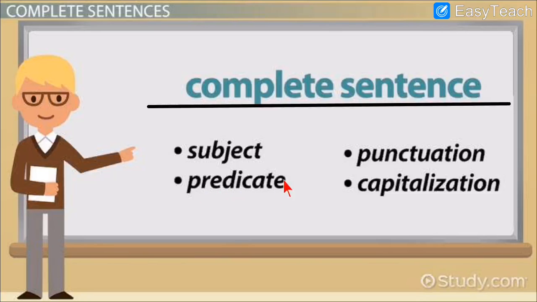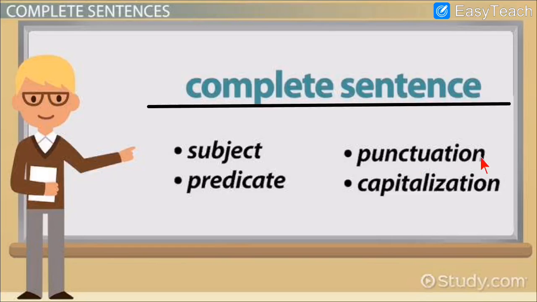And there is a verb in the predicate like write, read, writing, reading, playing, singing, etc. For example, the boy is doing his homework. So what is he doing? He is doing his homework. So doing his homework is the predicate. So subject and predicate should be there in the complete sentence.